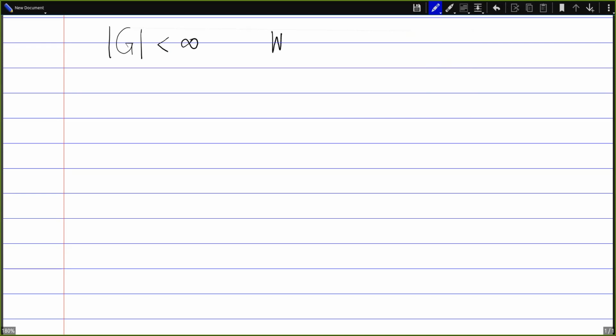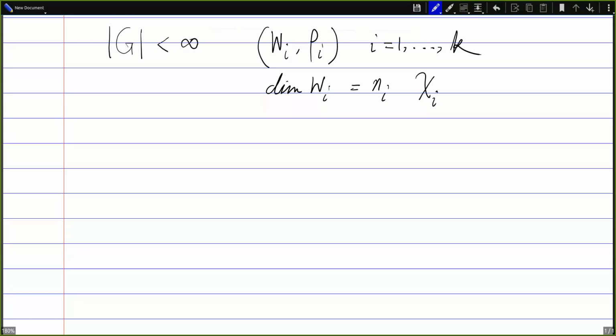And we also write W_i, rho_i, where i runs from 1 up to k, are all the irreducible complex representations of G. And let's denote the dimension of W_i by n_i, and also for simplicity in notation and convenience, let's write the character of the irreducible representation rho_i by chi_i, for all i. All right.